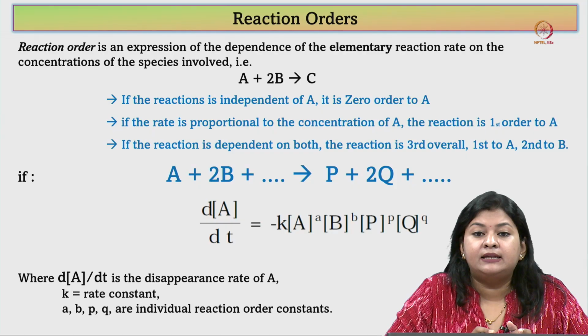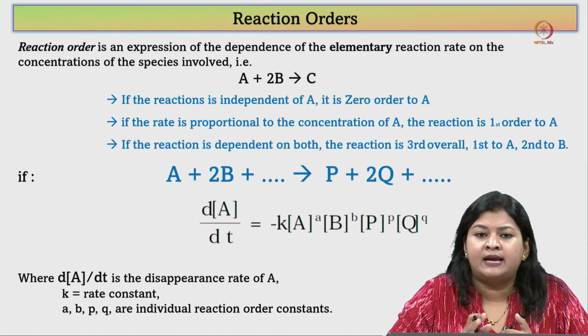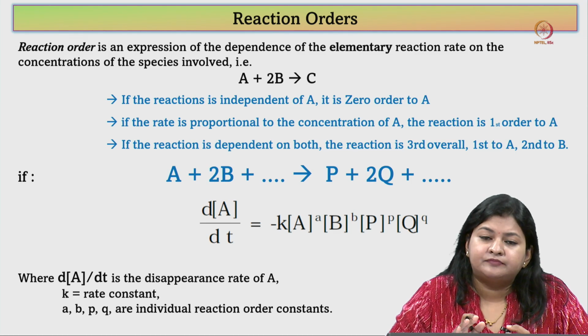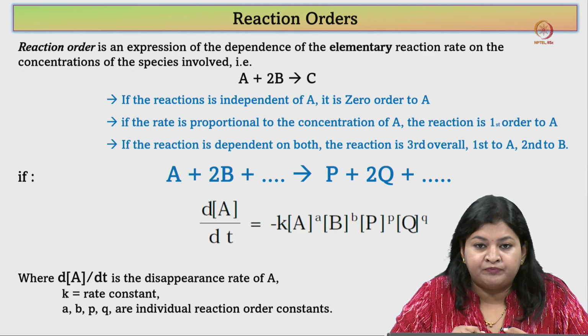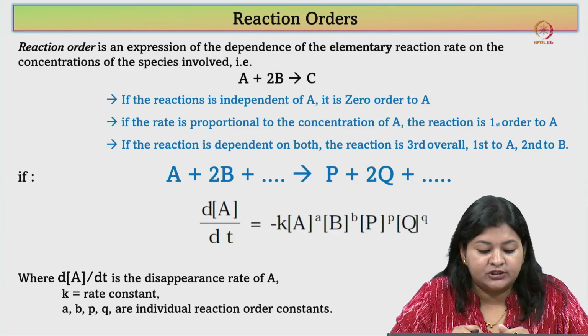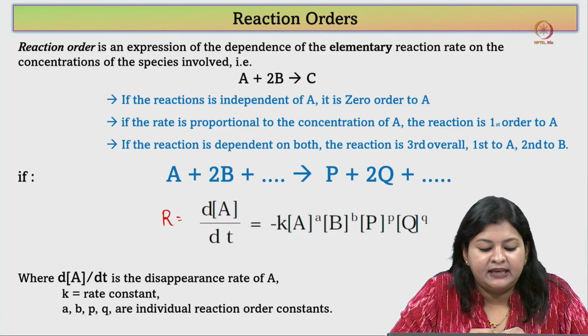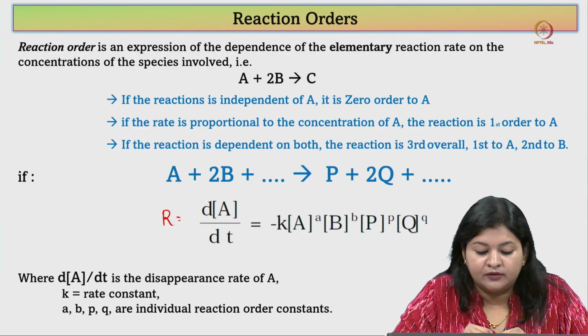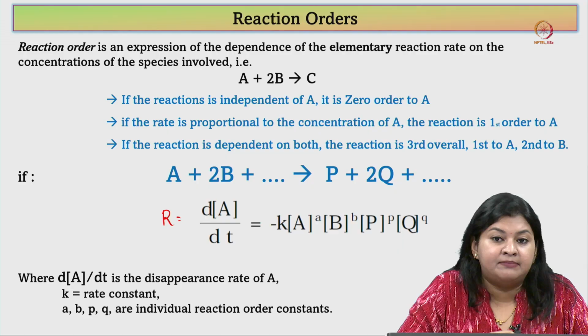So, if there is another equation, A plus 2B plus some other reactants is producing some other products, that is P plus 2Q plus some more products, then what is the reaction rate, the R term? R is equal to minus dA by dt.